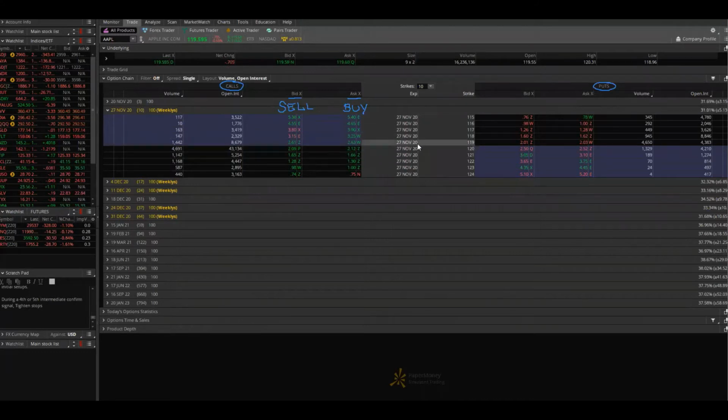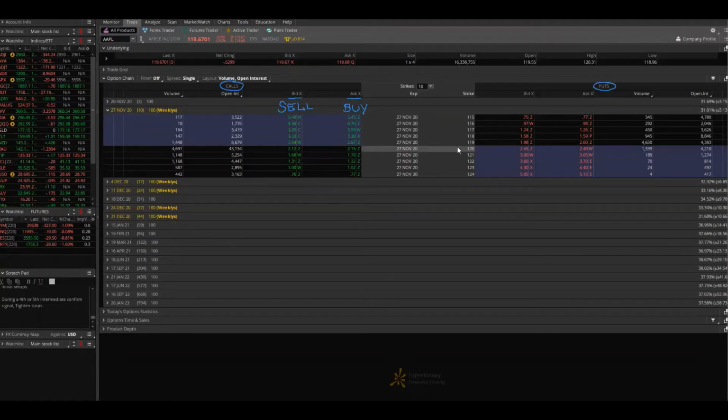So first things first, these are all of the premiums, how much it's going to cost us. Okay. Here is the date. And here's our strike prices, okay? Now, there's a whole bunch of stuff that I can go into, but I'm going to try and keep this as simple and short as possible.